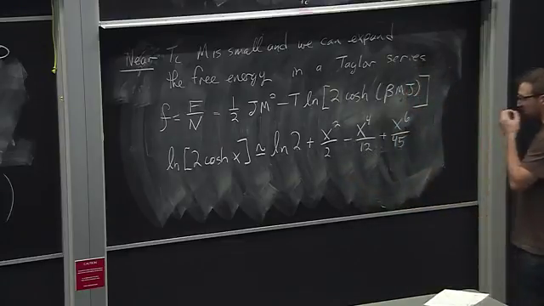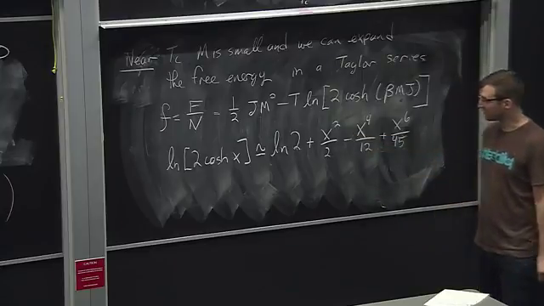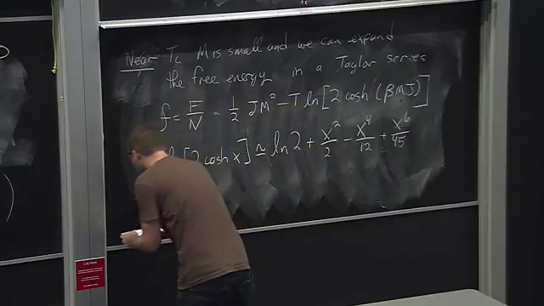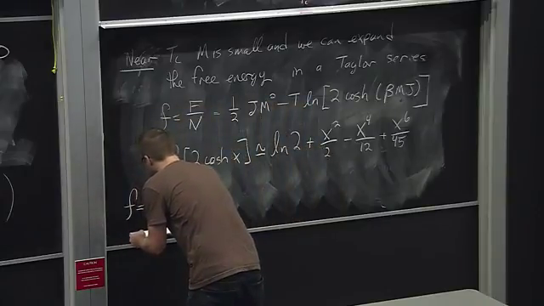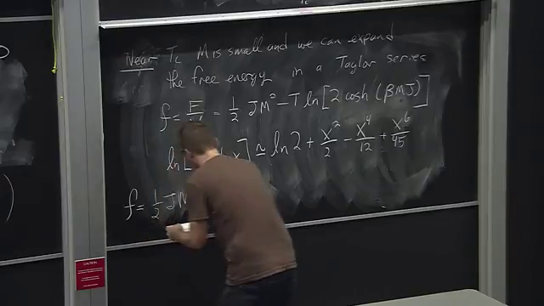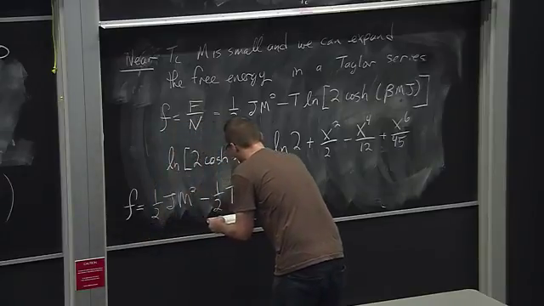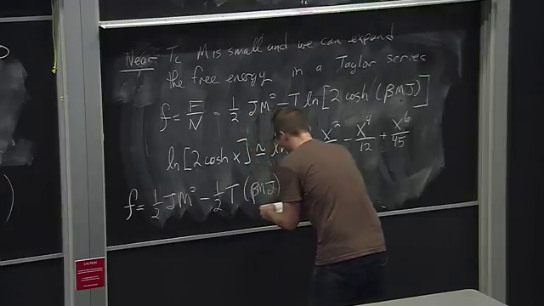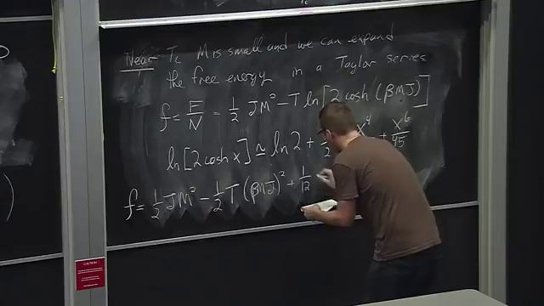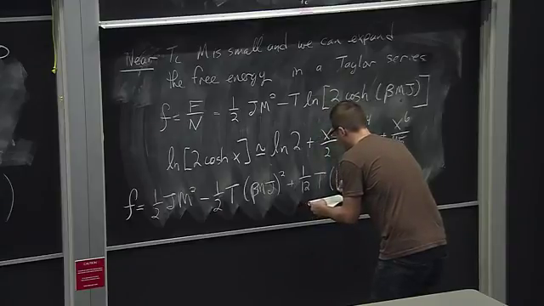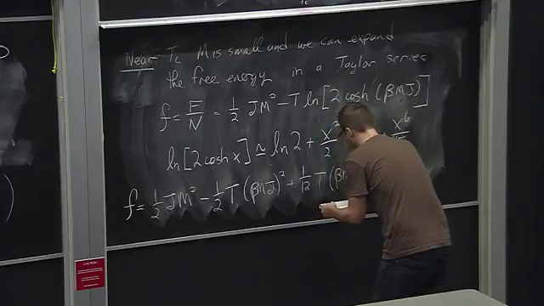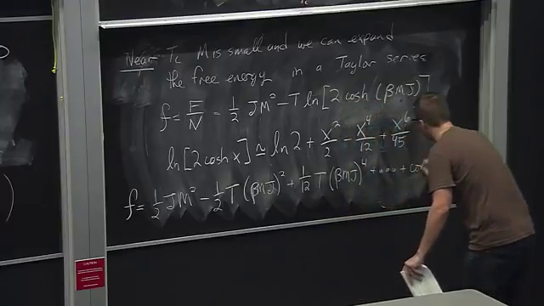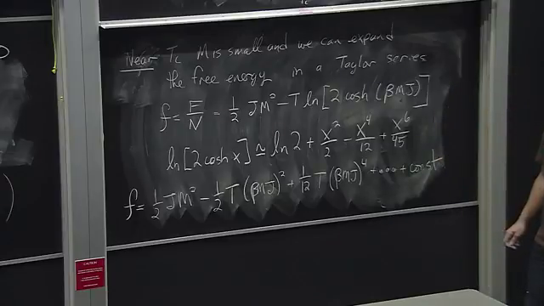Okay, so the important thing is the powers of x, obviously. So up to a constant, the free energy density. Let me go up to (beta m J) to the power 4, with higher order terms and the constant that I'm ignoring.